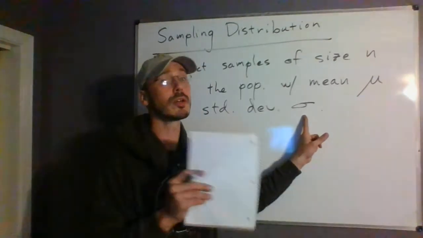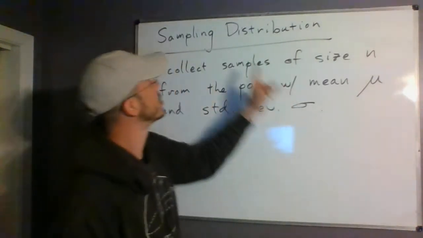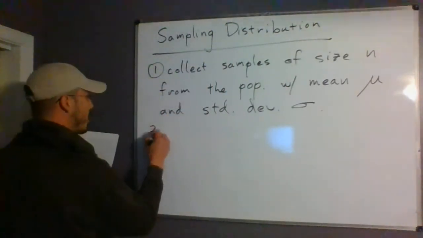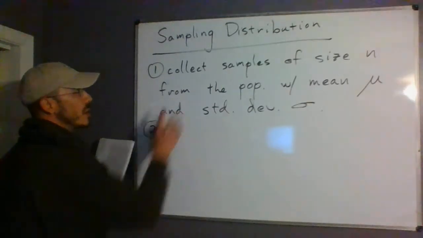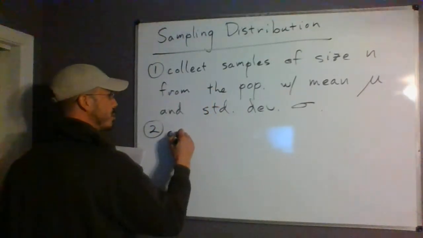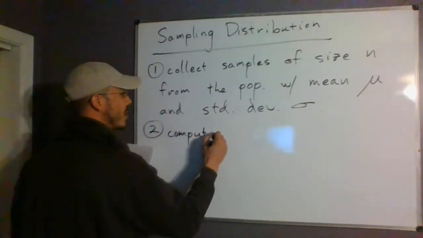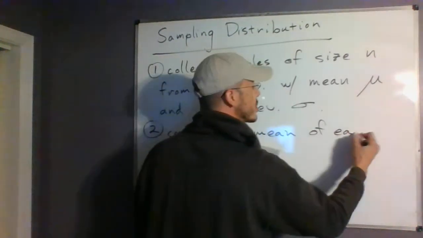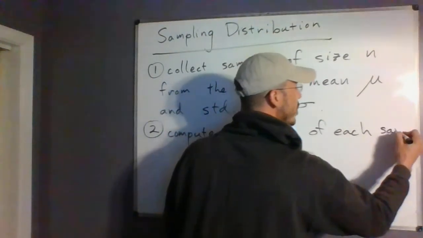What we're going to look at, though, is the distribution of the sample means from these. So I'm going to put that as a separate step. Collect samples, compute the mean of each sample.